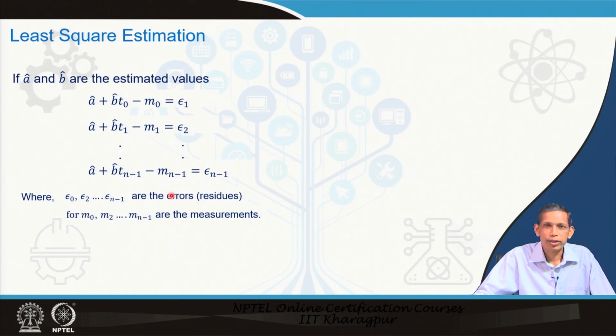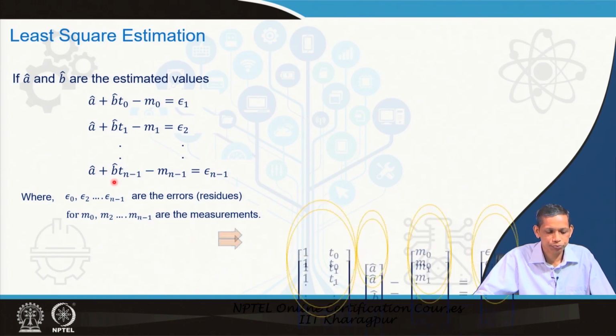These are the errors, or otherwise we call them residues, and m naught through m n minus 1 are the measurements. A and B are the estimated values we would like to obtain for this particular system.